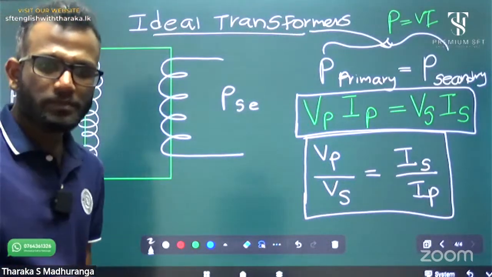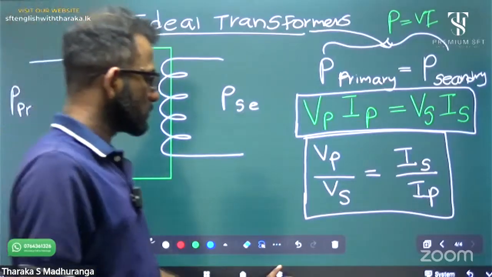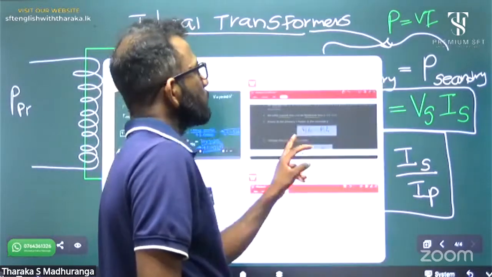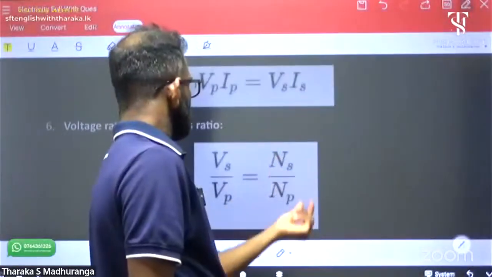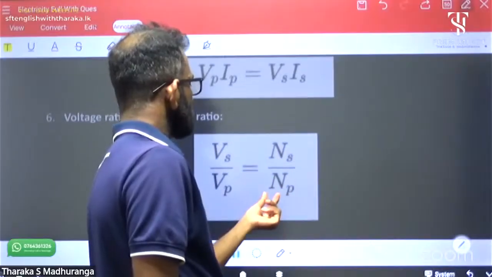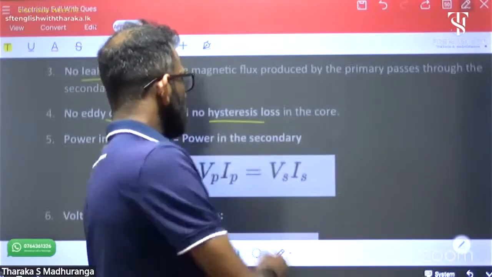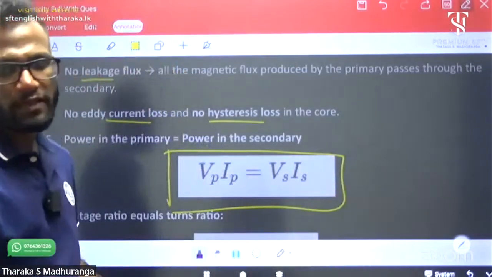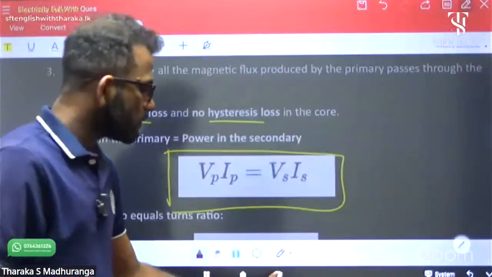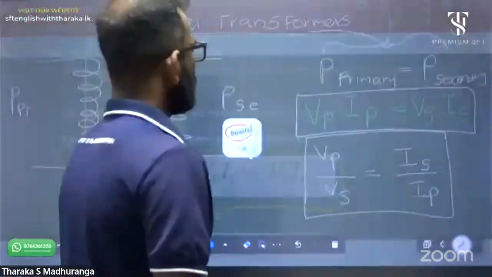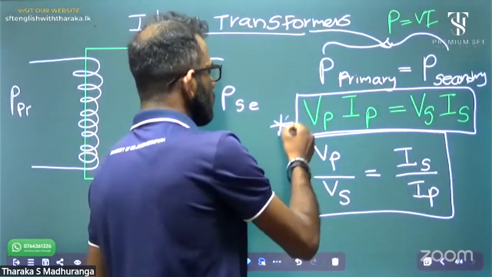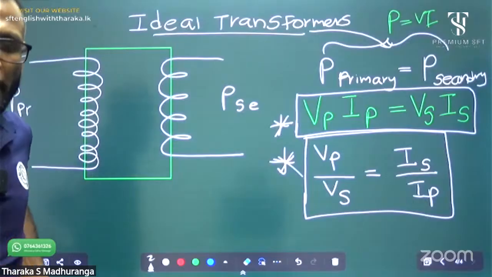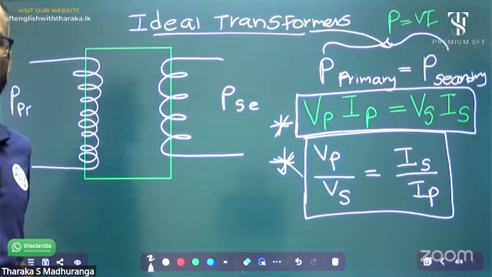Understood? Okay, that's the basic concept of transformers. VP IP equals VS IS. According to this concept, we can get our equation. Both equations are the same thing. Understood?